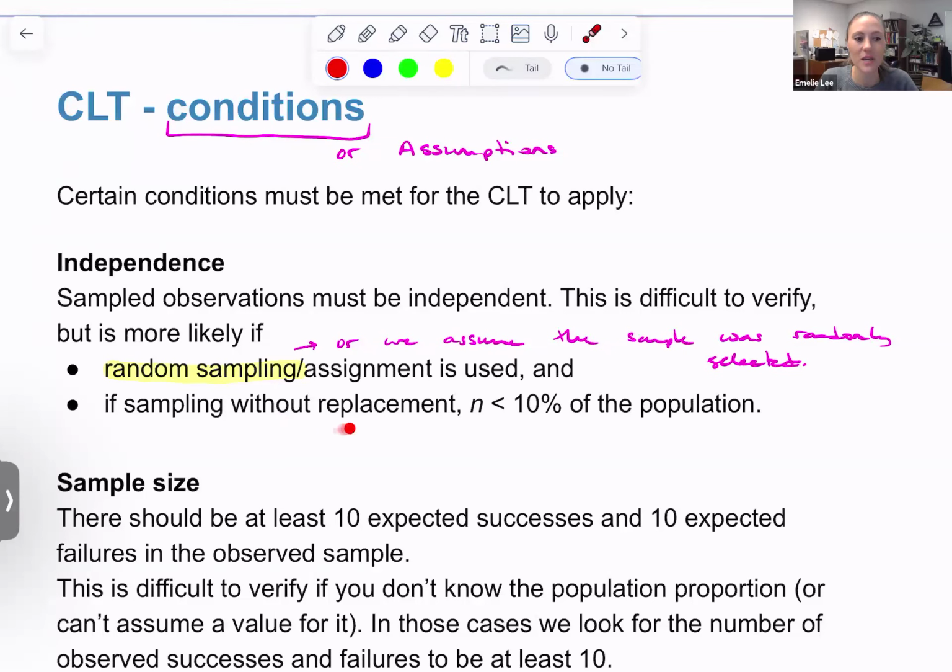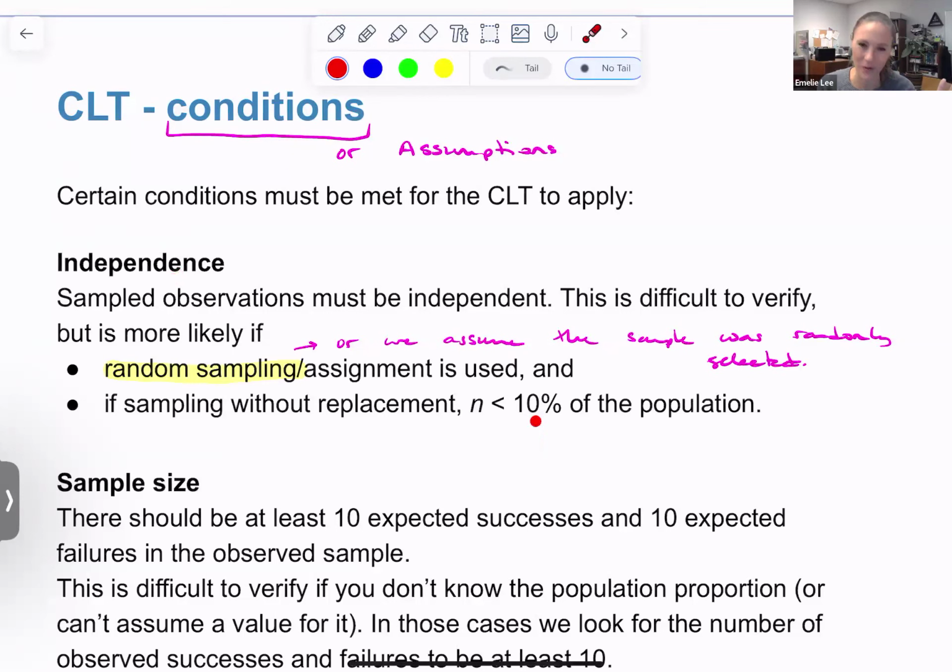Because it says if you're sampling without replacement, then the sample size has to be less than 10% of the population, which is kind of counterintuitive, right? We want to have a big sample, but not too big. Why? If the sample is too big, so more than 10% of the population, then there's a chance that you're introducing non-independent observations, right? And that would be a problem.